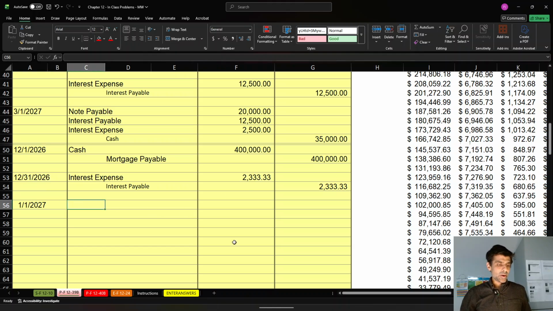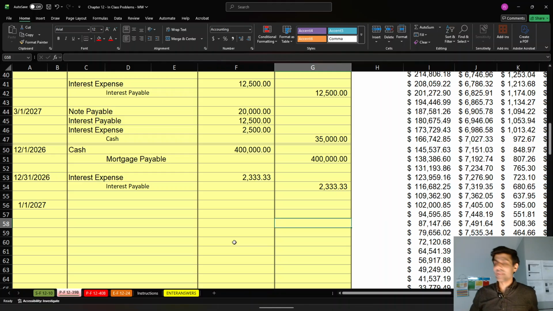Okay, so on the first of the next year, let's just say you're gonna make your first payment. How much is the payment amount total? It tells you it's a fixed amount, 8,000. Okay. So that's how much cash is going to leave my bank account.